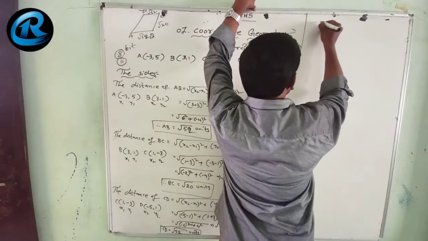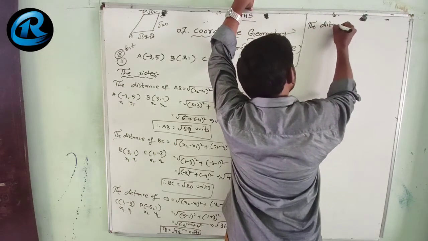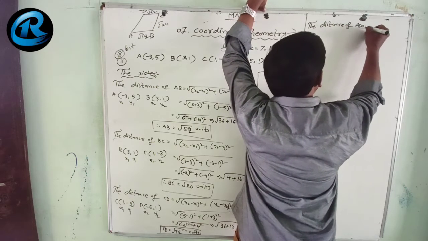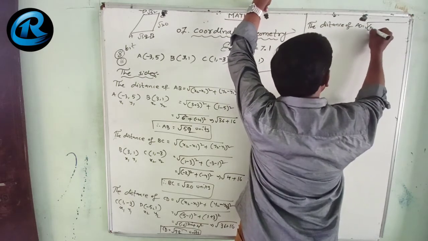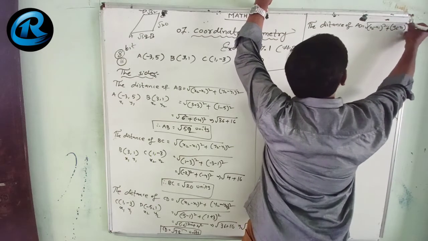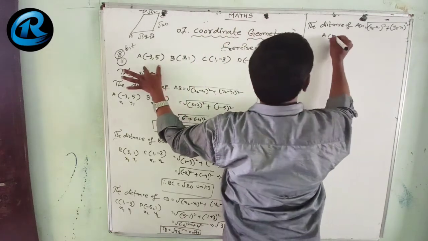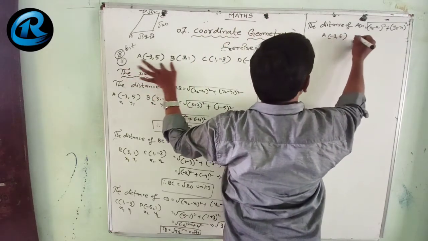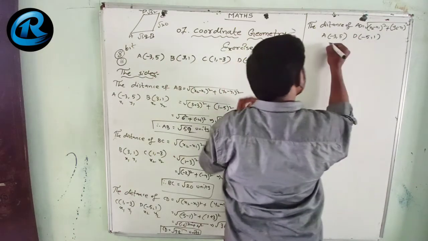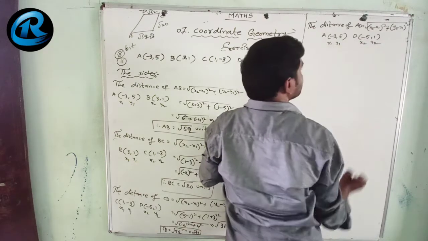So now the distance of AD equals under root of x2 minus x1 whole square plus y2 minus y1 whole square. A point is minus 3 comma 5. D point is minus 5 comma 1. x1, y1, x2, y2.